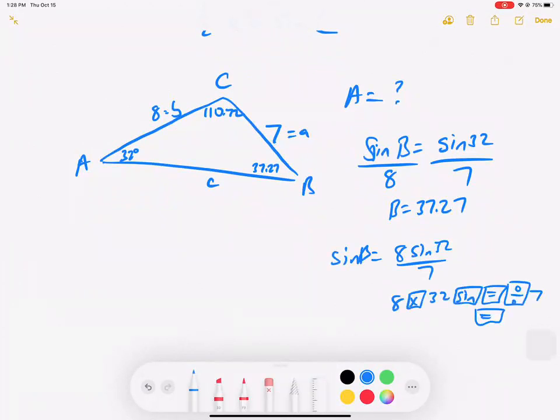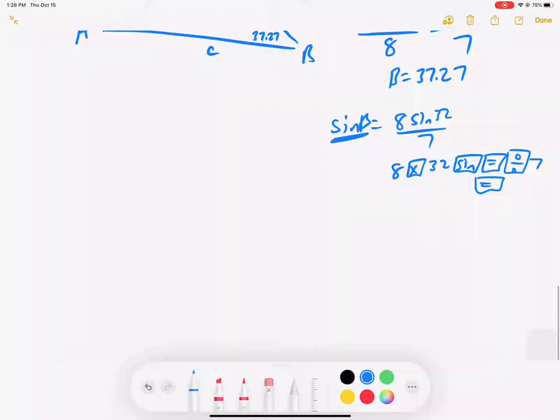That gives you that crazy decimal number that isn't an angle, because that's a sine of it. So we undo our sine. I go shift, sine of your last answer, and that should give you the angle 37.27.